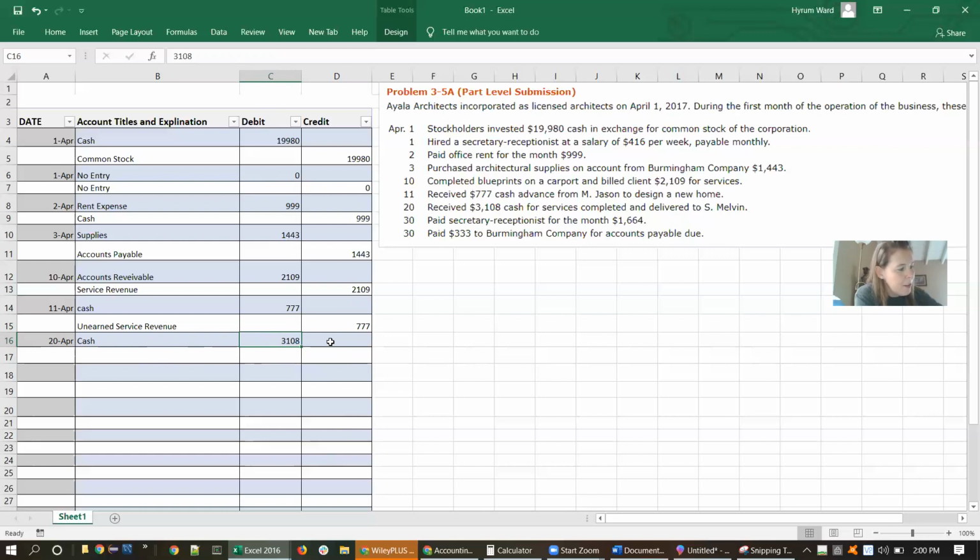And I'm not sure if that's thinking about it correctly, but in the book it says that we record an increase in cash as a debit and a decrease in cash as a credit. So I don't know if that helps anybody else, but I highlighted that in my book. So this time it was an increase in cash because we did perform the service, and it was service revenue. And because it was service revenue, we're going to stick it under the credit.